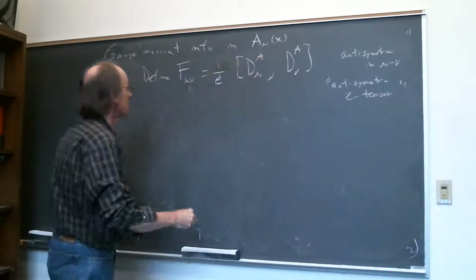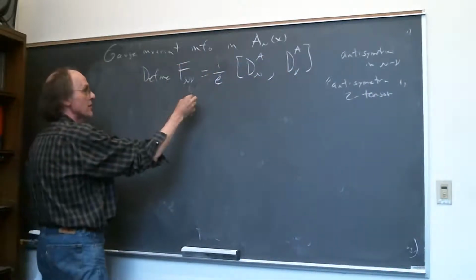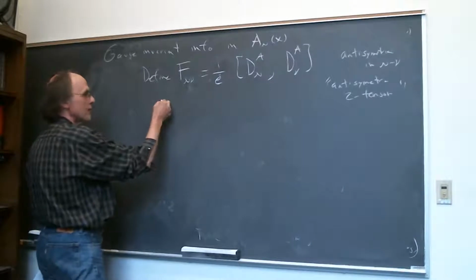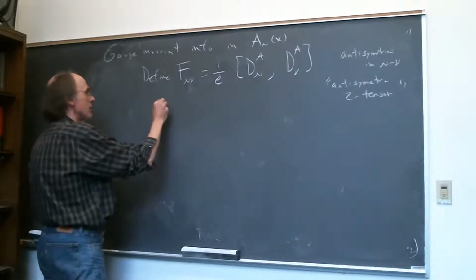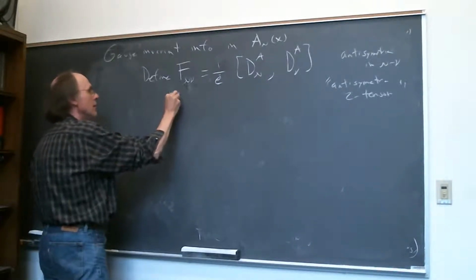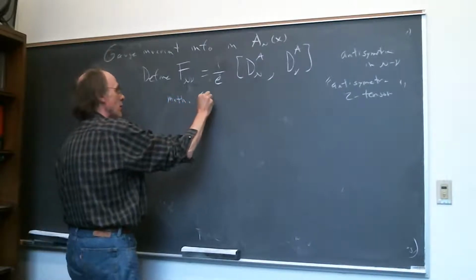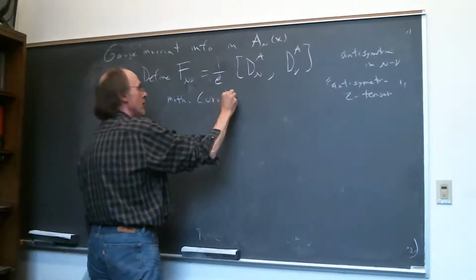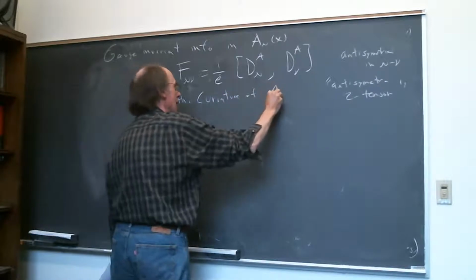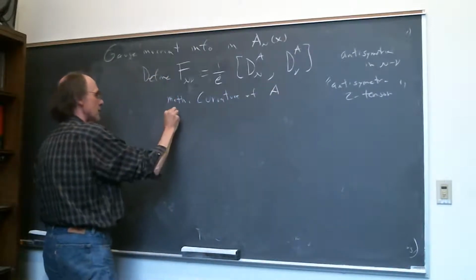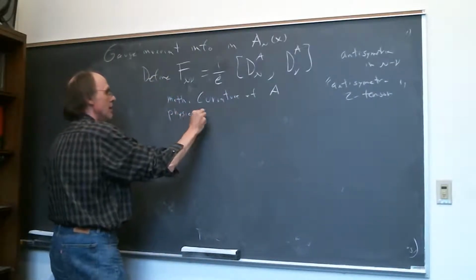The name is also given to it. To mathematicians, this is going to be called the curvature of the connection A, and to physicists, this is going to be the field strength.